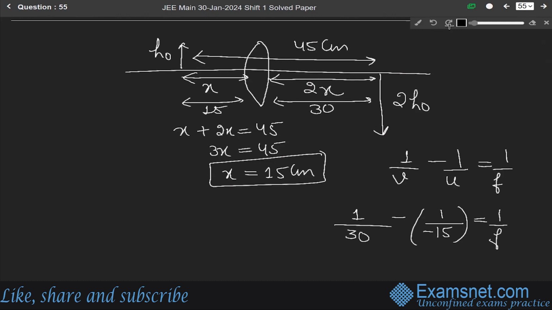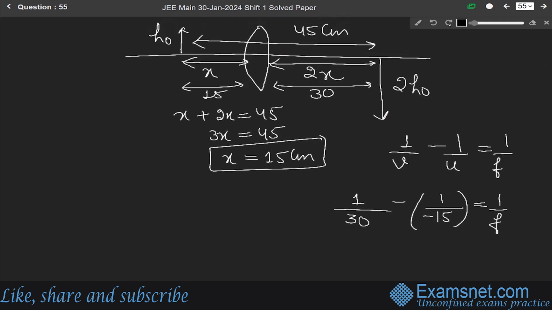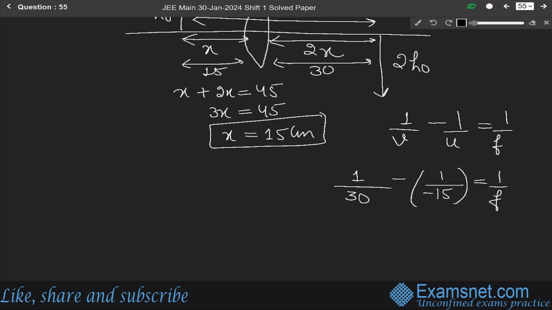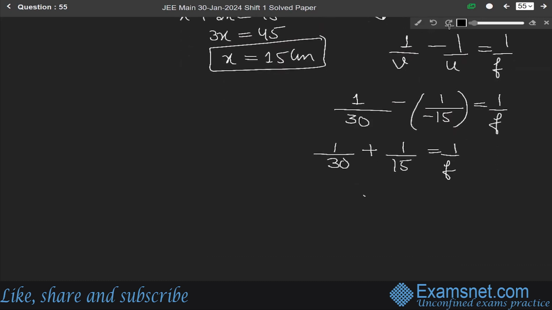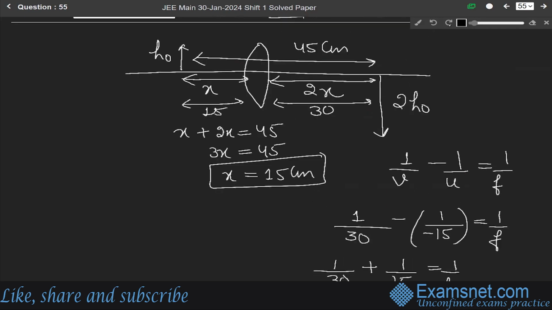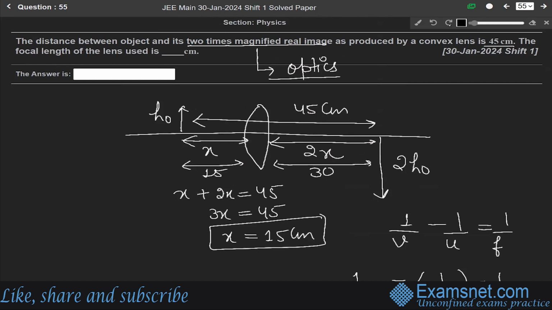Sign convention means the distance on the left side of the lens will be taken as negative. So 1 over 30 minus minus, plus 1 over 15 is equal to 1 over f. Now solving this, we get f equal to plus 10 centimeters. So the focal length of this will be 10 centimeter.